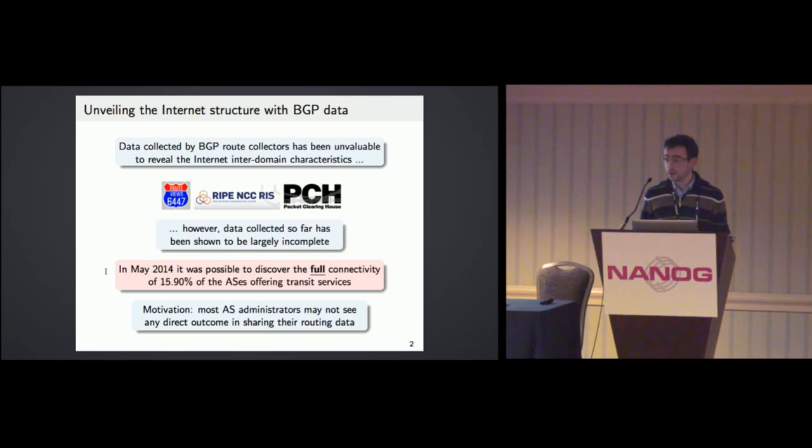project is rather limited. And we believe that one of the causes of this incompleteness may be that not all network administrators are interested enough in sharing their routing information.